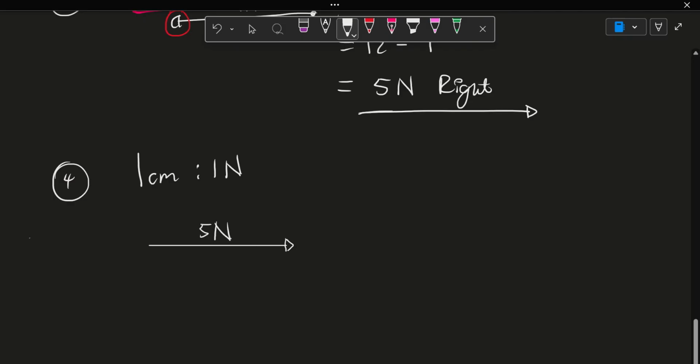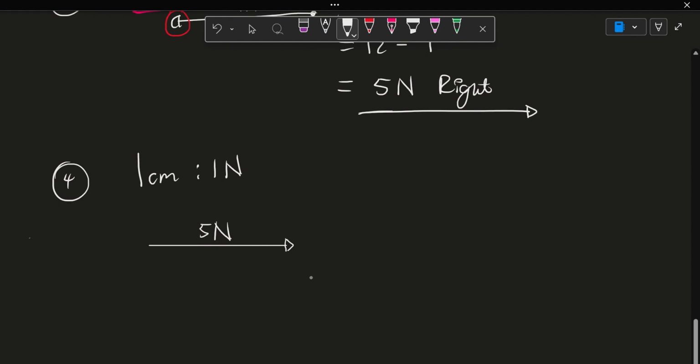And then say you wanted to have 7 Newtons to the left, you'd start at the head of the 5, remember, and you'd place your ruler from the head of the 5 at the 0 mark and just go 7 centimeters to the left, right? So you'd have something like this.